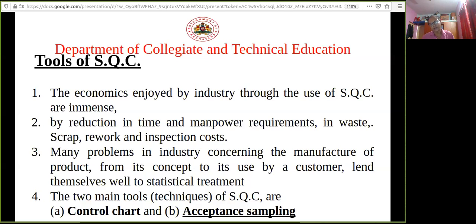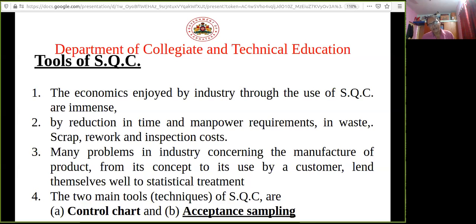For example, if they have come to the agreement that the sample size is 5, the customer says that out of 5 items selected randomly from the lot, if 3 items are good, I'll accept the lot.